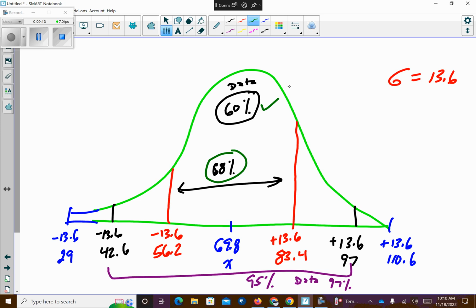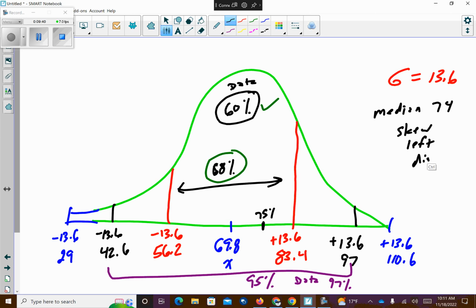In addition, the mean is 69.8 and the median is 74. If the median is 74, somewhere over here, that means the mean is being pulled to the left, so we have a skew left distribution.